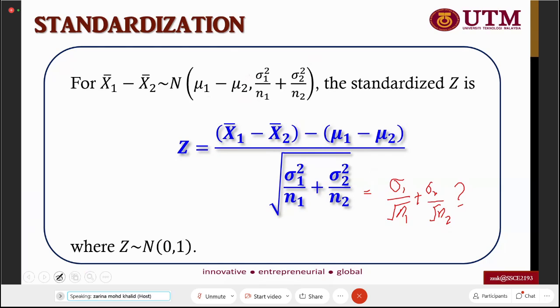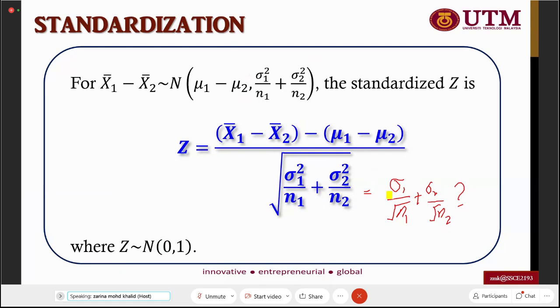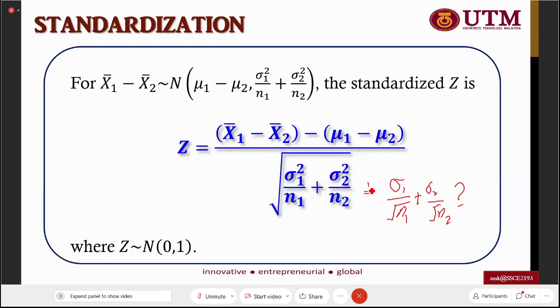And this is really a common mistake. It's okay, you make the mistake now, but please do not make the same mistake later. This is not the same, guys. Please be careful. The square root of this is not the same as this.